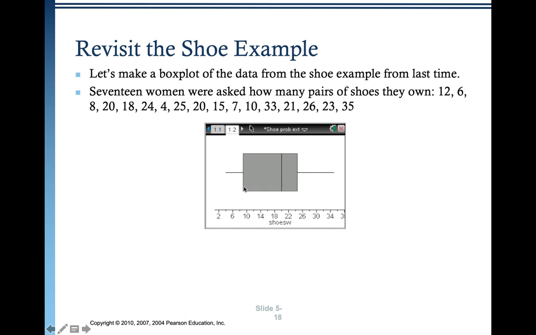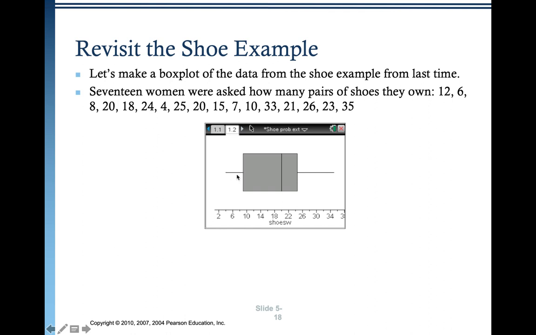First quartile is around 9. Third quartile is around 25. And we go from, let's see, 4 all the way up to 35. Okay, gives us a good idea here.